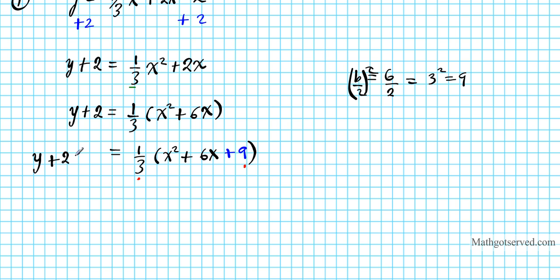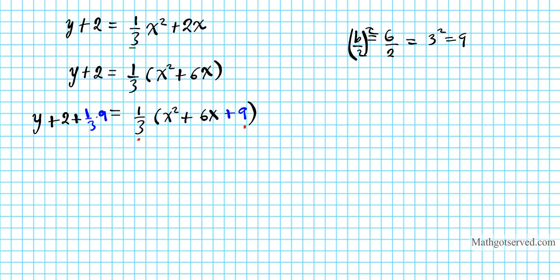Let me write that in blue so that you can see what's going on. So plus 1/3 times 9. The reason again is as a consequence of distribution.